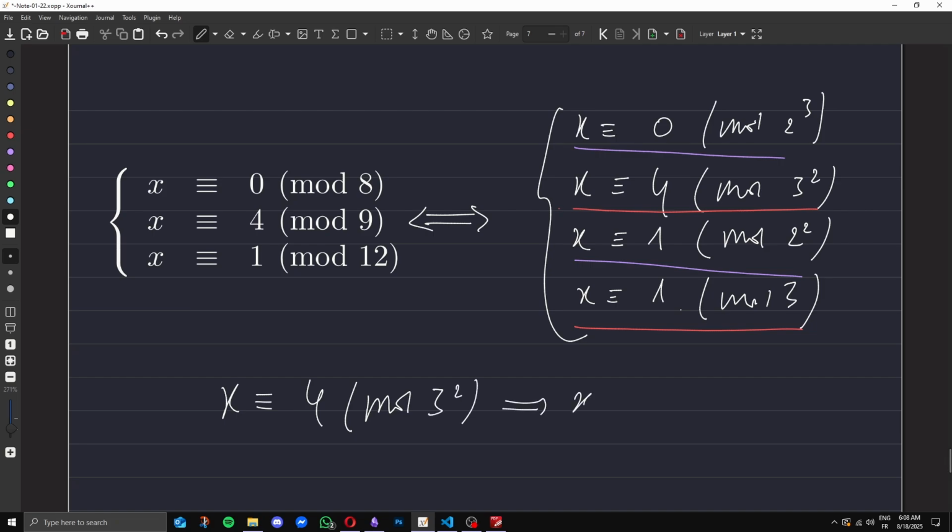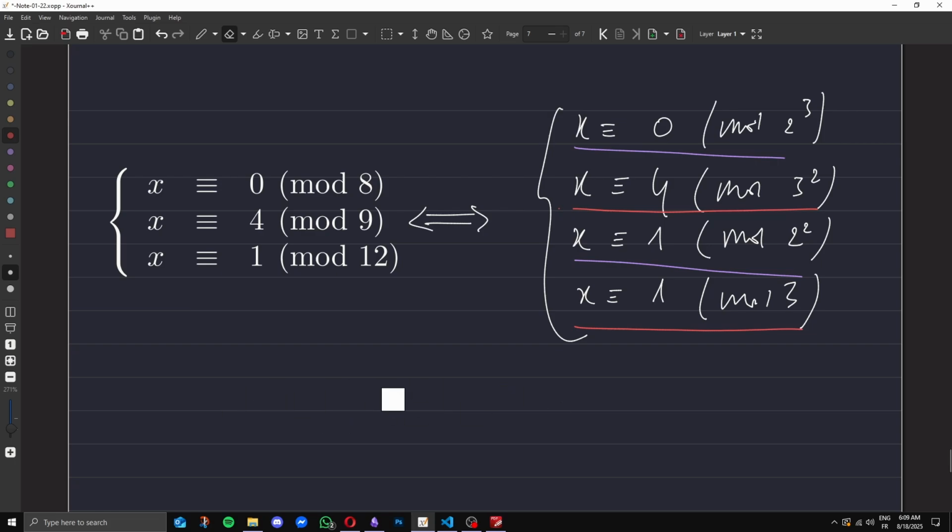This implies that x is congruent to 4 modulo 3, right? Because 3 divides 3 squared. And that means if we take the remainder now, it's going to be 1 modulo 3, which checks out, which is true, because we have it as a congruence here. All right, so indeed, the stronger congruence implies the weaker ones here. And in this case, we have only 2. Sometimes we may have even more, okay? So you got to do that for all the weaker ones.